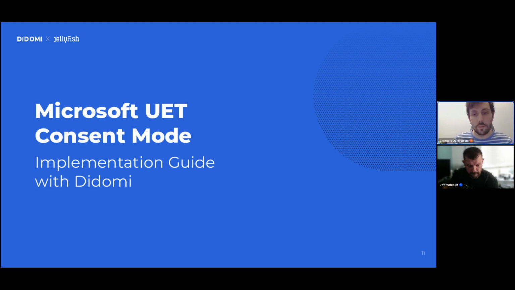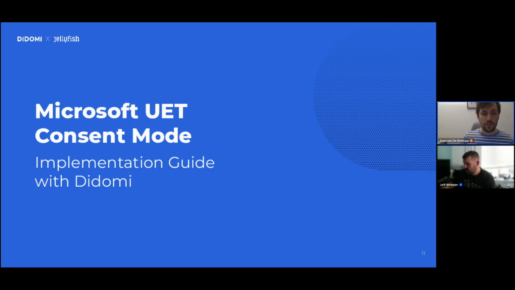So on this next section, the first part that we cover together is the implementation guide. Concretely, how can you use Didomi to make sure that you have consent mode correctly implemented for Microsoft solutions? We'll look into that first, and then we'll take a step back. Because we've had Google consent mode, now we have Microsoft consent mode, and we've had some options with TikTok and Meta, we'll look at everything that the gatekeepers are currently doing in terms of complying with the DMA for themselves.